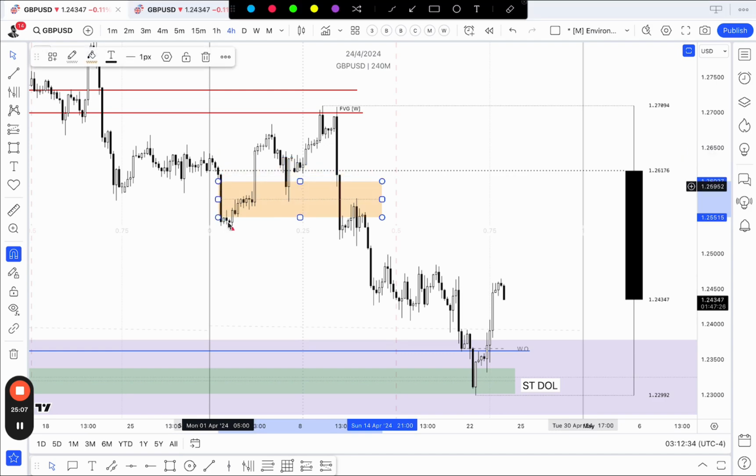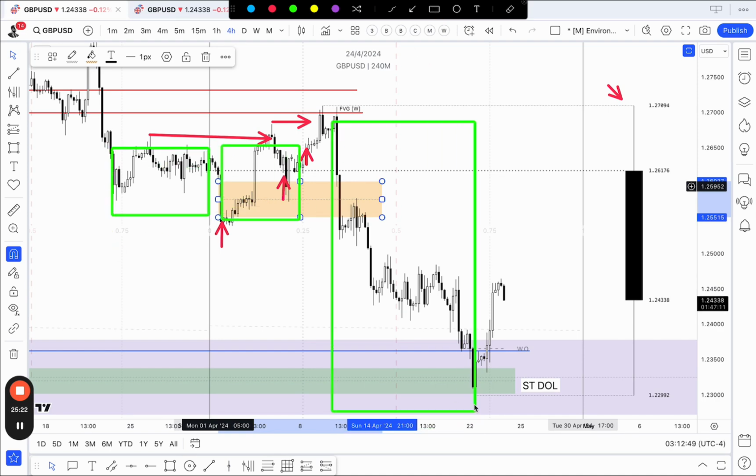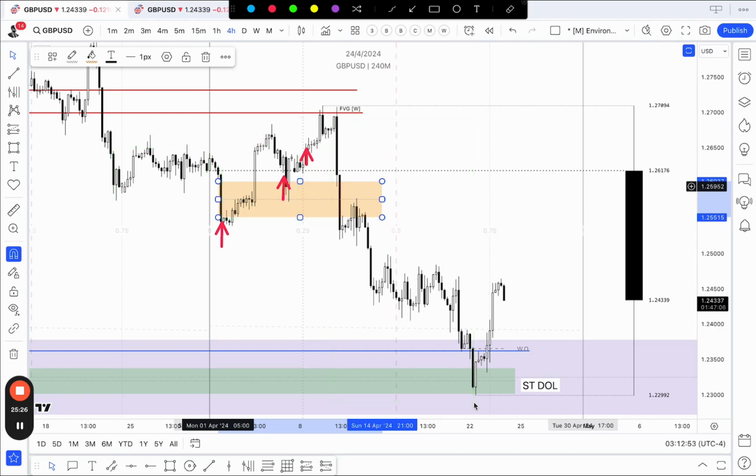So notice how it just broke multiple discount arrays from the high. And what this market structure suggests as well, consolidation here and here can lead to large ranges. Okay, so that can help anticipate, okay, we have a large range week up and coming.